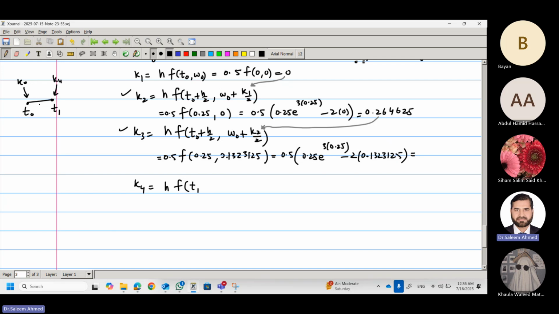But for K2 and K3, you pick the middle value, which is T naught plus H by 2. You can see here, T naught plus H by 2, T naught plus H. So for K4, you get the next point T1, and here it is W naught plus K3 only. We don't divide by 2 here. K3.